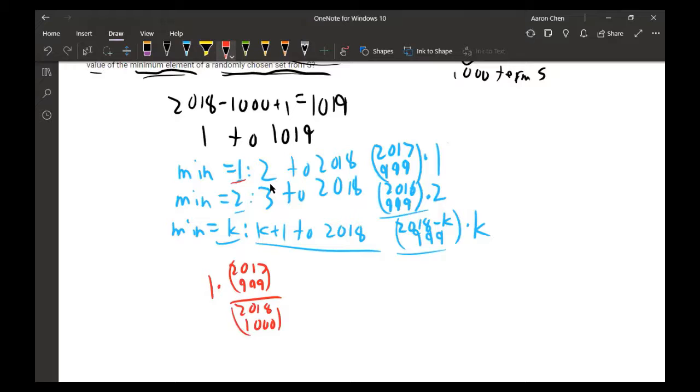And the reason for this is because 2017 choose 999 is the number of ways that the minimum value can equal 1. And the denominator, 2018 choose 1000, is the total number of ways to choose a random set of 1,000 elements, a random subset of 1,000 elements from the set of 2018 elements.